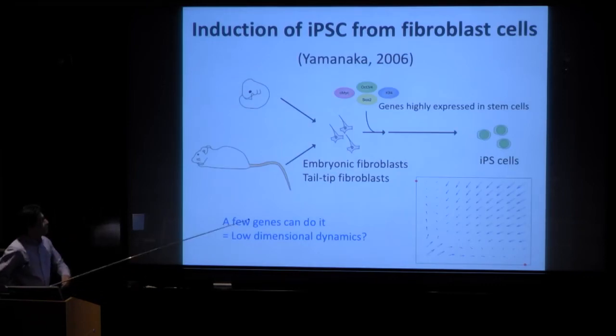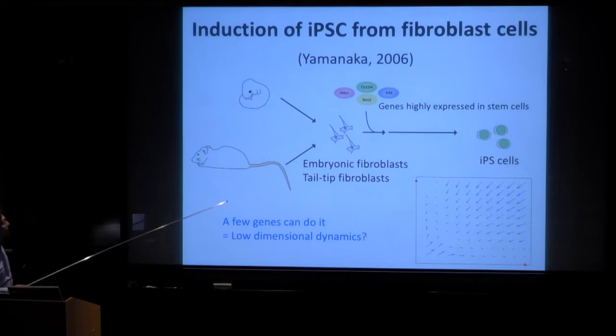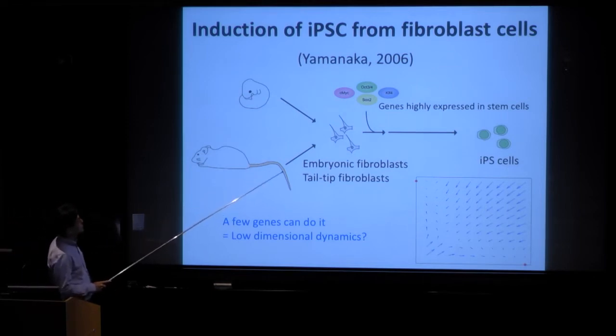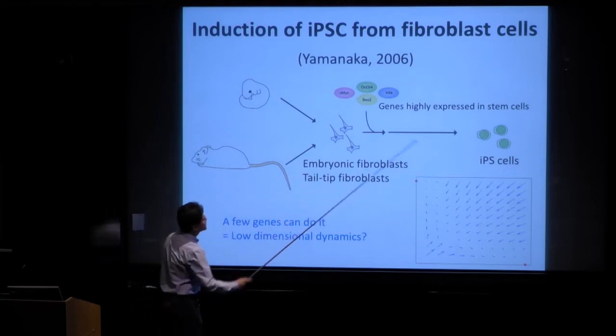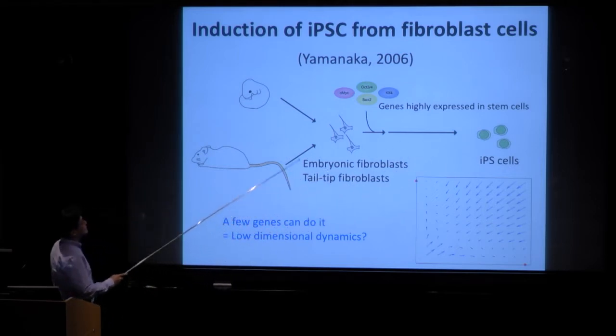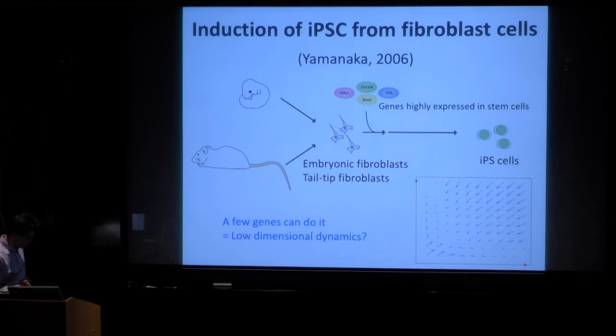Okay. Then the dream of the biologist many years ago was to transfer a differentiated cell, for example a fibroblast, into a stem cell. And after many tries, they succeeded in 2006, by a Japanese scientist, Yamanaka.